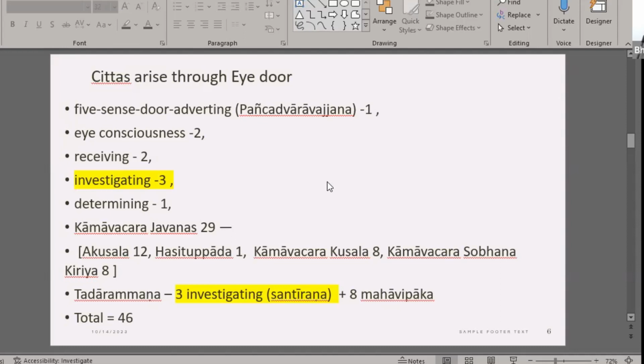Kamavachara Javana and Appana Javana. Kamavachara Javana means the Javana Chittas included in the Kamavachara section. Appana Javana means the Javana Chittas included in Rupavachara, Arupavachara and Lokuttara. In other words, sublime and supramundane.